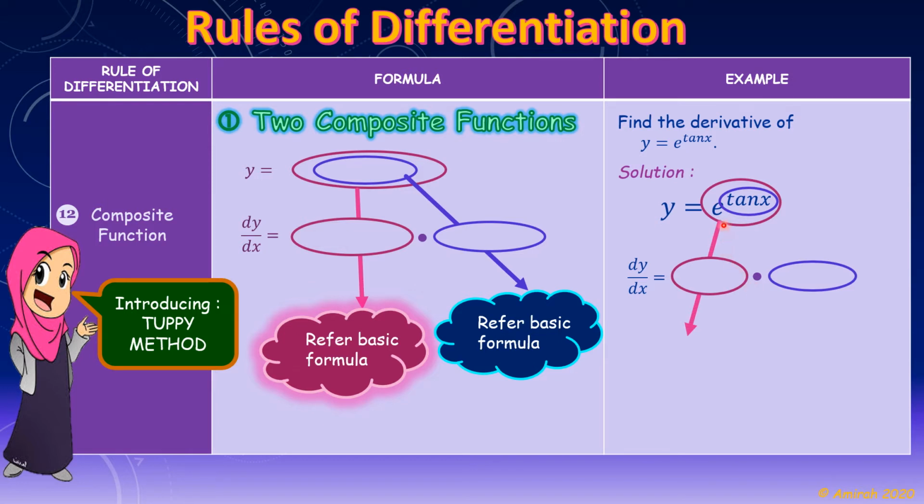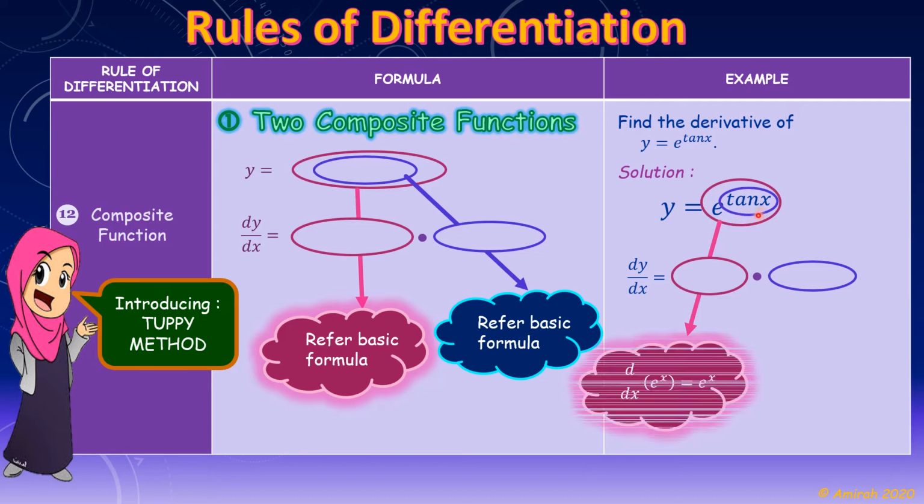For the outer circle, to differentiate e to the power of tan x, we refer to the basic formula for the derivative of e to the power of x, which is e to the power of x also. Basic formula here means the variable is x. The function is x. So when we differentiate e to the power of x, it should be e to the power of x also.